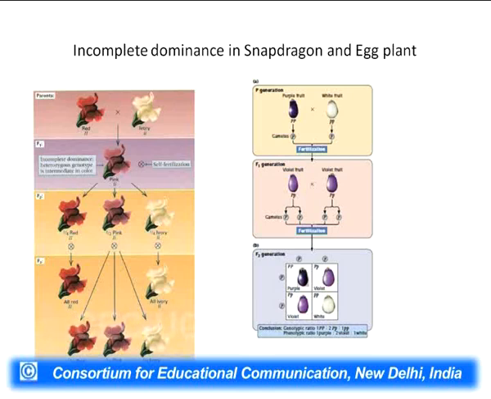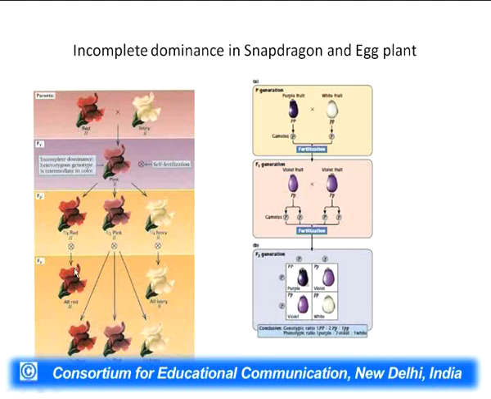So, that means the reappearance of the parental characters very much holds testimony to the fact that it is not a case of blending inheritance. It is still maintaining the purity of gametes, which was the essence of Mendel's work.